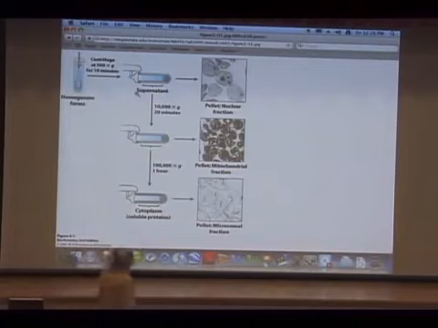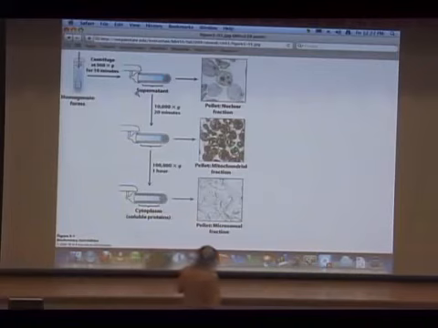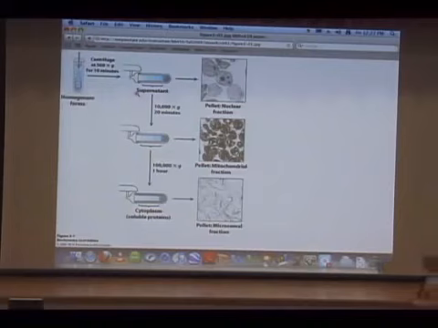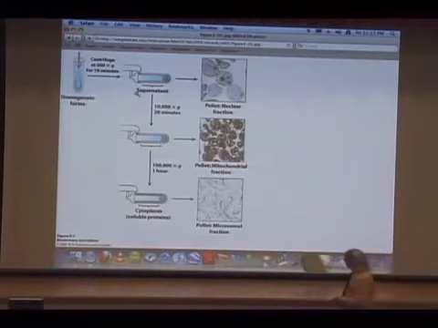So, I can spin at low speed, and I can spin down, for example, cells in the first place. I can take those cells, I can bust them open, I can spin them down at a higher rate, and I can isolate cellular organelles like nuclei, like mitochondria, or like pieces of cells. And that's what we see in all of these cases right here. Okay?